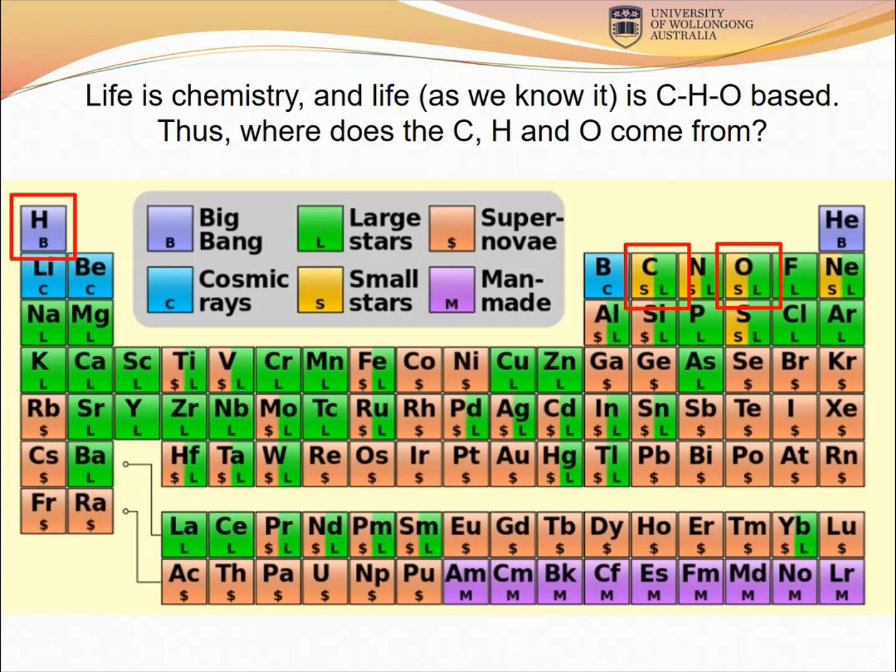So as you can see, hydrogen came from the Big Bang, but the other essential elements, carbon and oxygen, had to be formed in stars, particularly large stars, in order to have the ingredients of life present.